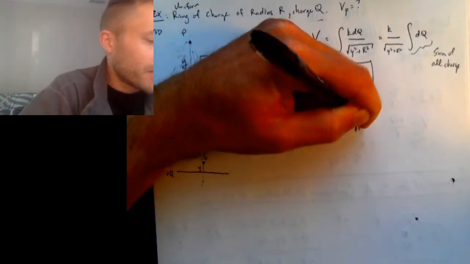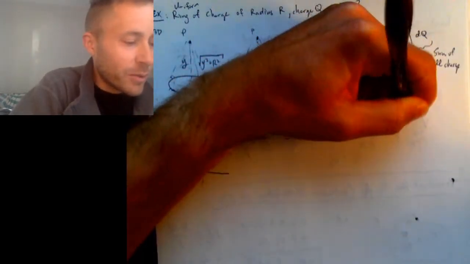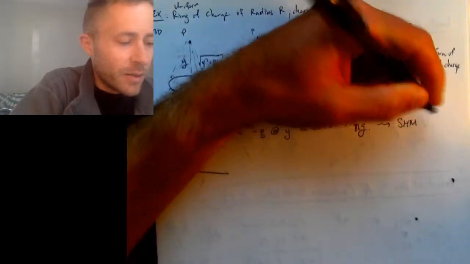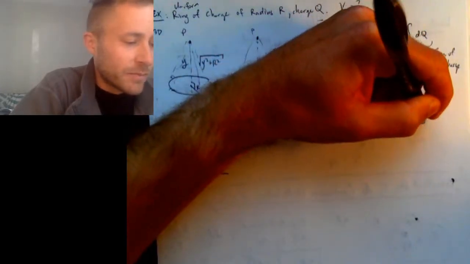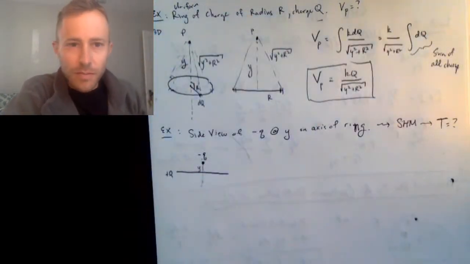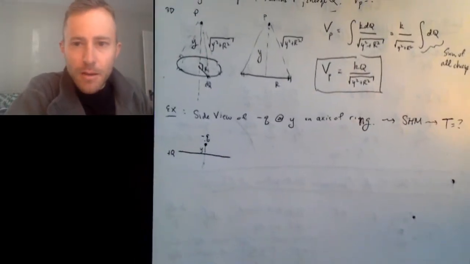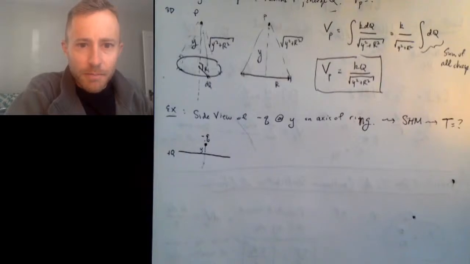And so it is going to undergo simple harmonic motion. And so what I want to know is, what is the period of that simple harmonic motion? I love these types of calculations. I don't know why, but I do.